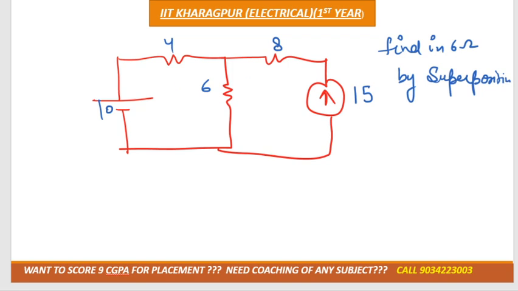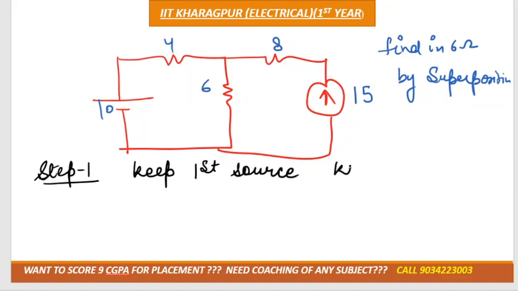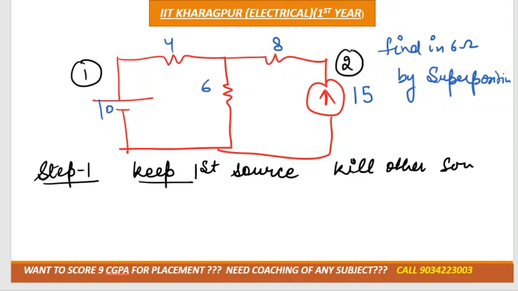Step number 1, we have to keep the first source and kill the other. Which one is the first source? 10 volt is the first source and 15 ampere is the second source.